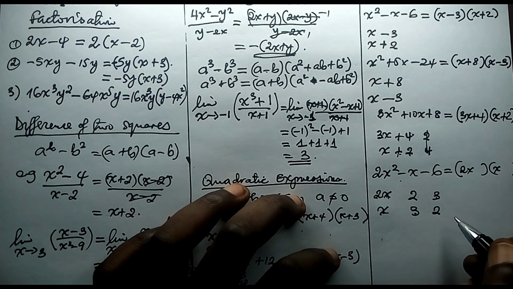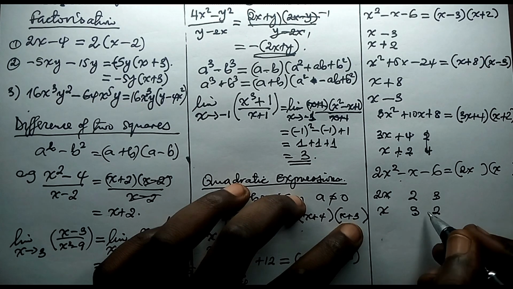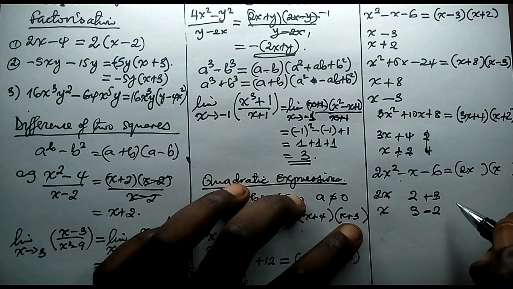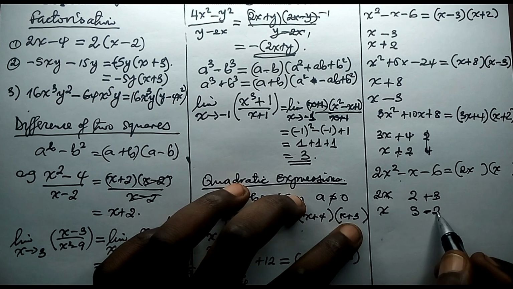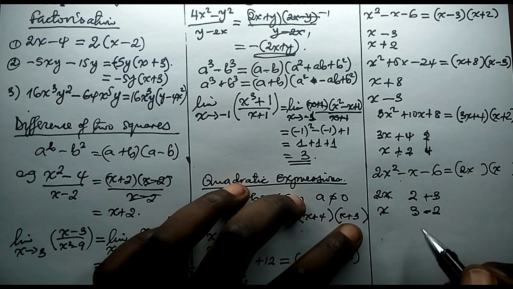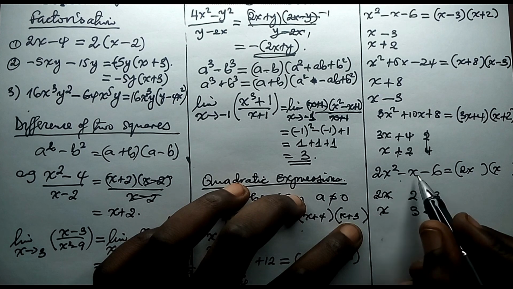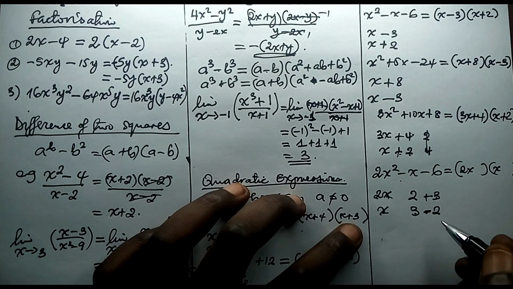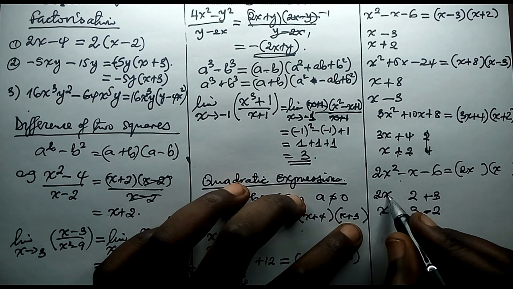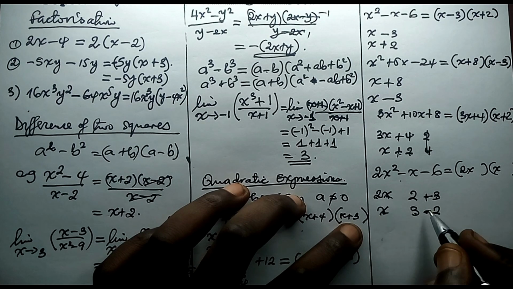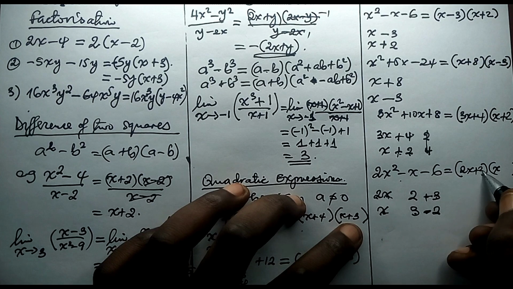For me to add and have negative x, it would need that negative should be at 2 and positive at 3. So 2x times negative 2 would give negative 4x, and x times positive 3 will give positive 3x. So negative 4x plus 3x now gives negative x in the middle. That confirms the factors. So 2x plus 3 and then x minus 2 will be the factors.